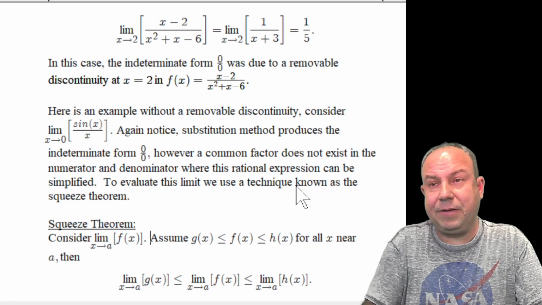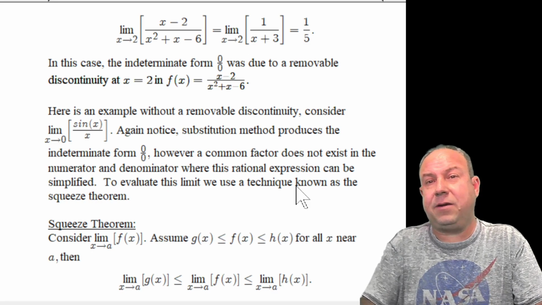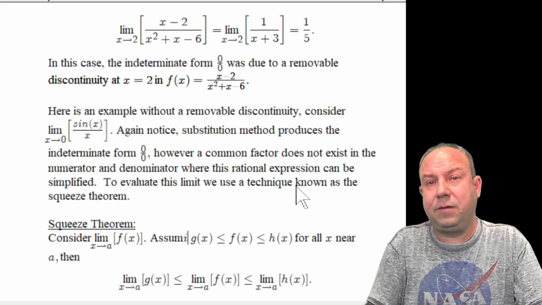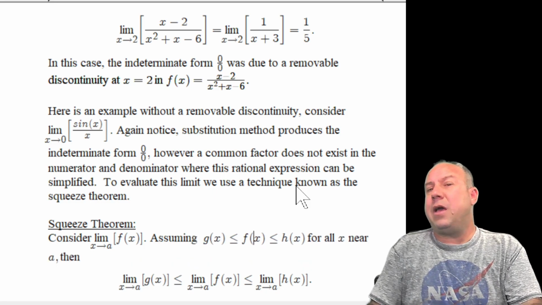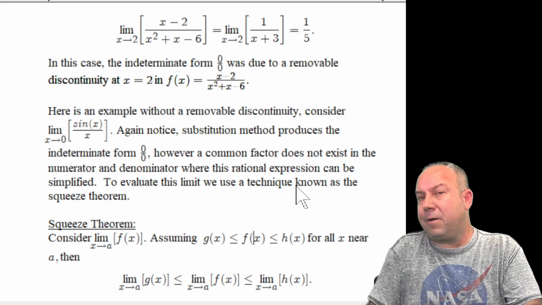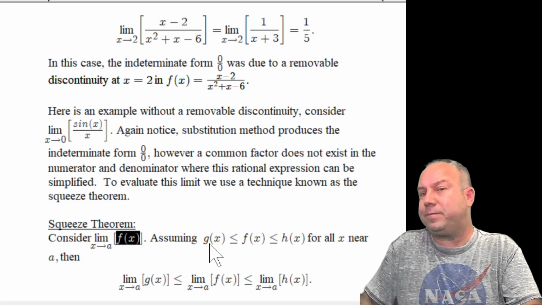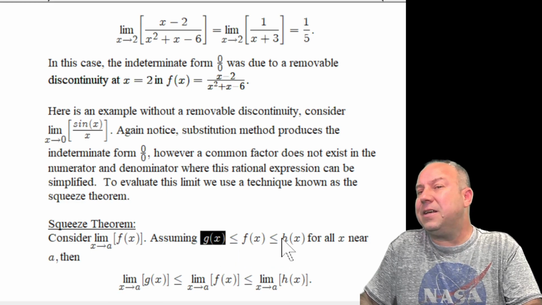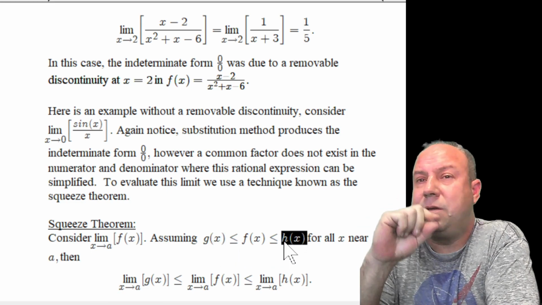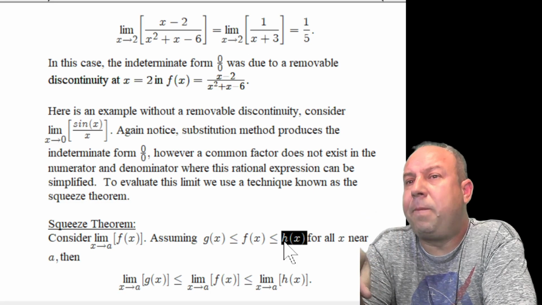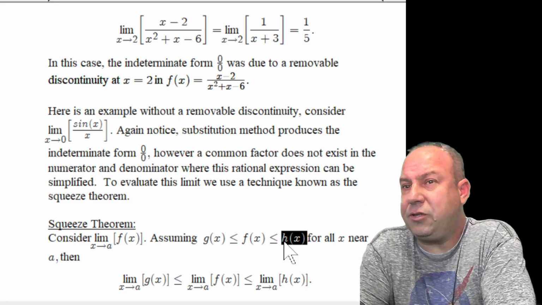We might say here, assuming f of x, the argument of the limit we're considering, is trapped between two other functions.